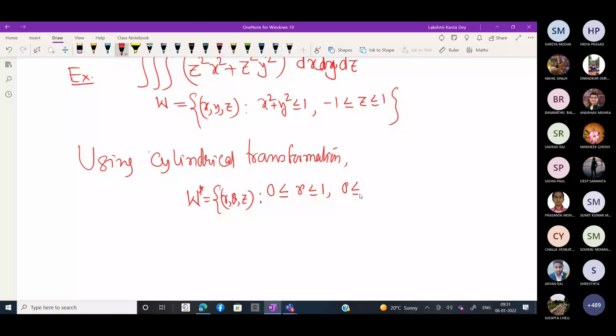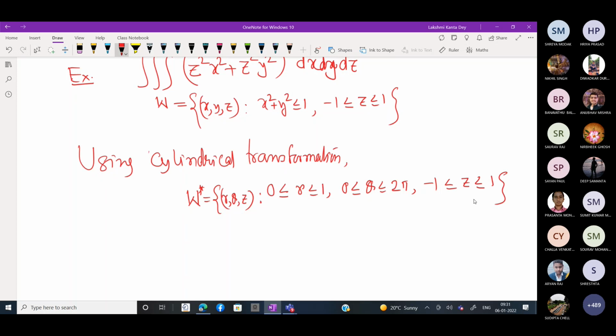Theta, theta is having full rotation. There is no issue here, because x square plus y square less or equal to 1, so it is a full circle. And Z, there is no change in Z because Z is equal to Z. So it will be -1 to 1.